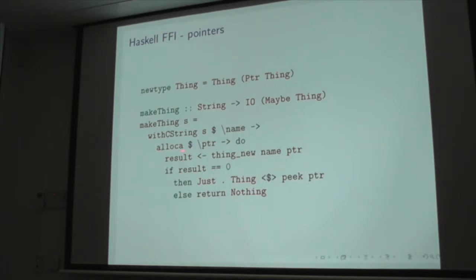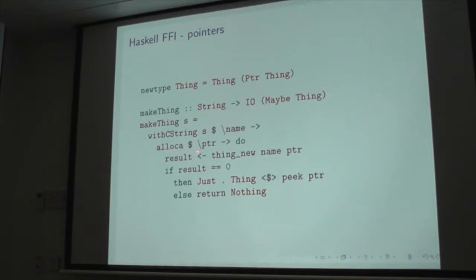We're going to call alloca to get a pointer. Now this is going to be a pointer to a Thing. Now pointer has an instance of Storable. We didn't make an instance of Storable for Thing, but that's fine because we're not allocating a Thing, we're allocating for a pointer to a Thing.